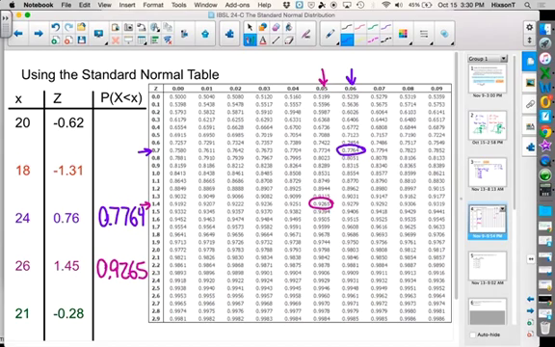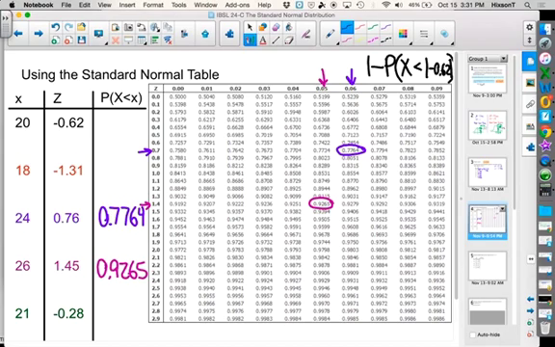Yeah. Now, for the negatives, here's what you have to do, okay? What we're going to do for this one is to find the probability that a variable is less than a z-score of negative 0.62, we're going to take the complement, so 1 minus the probability that x is less than the absolute value of negative 0.62.